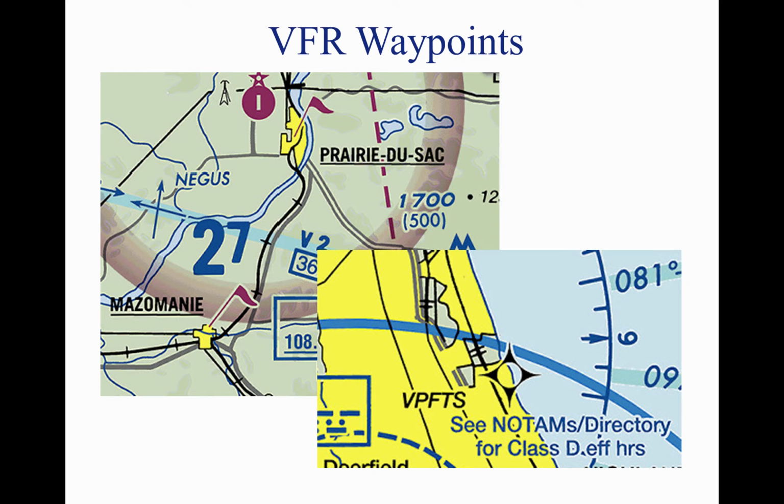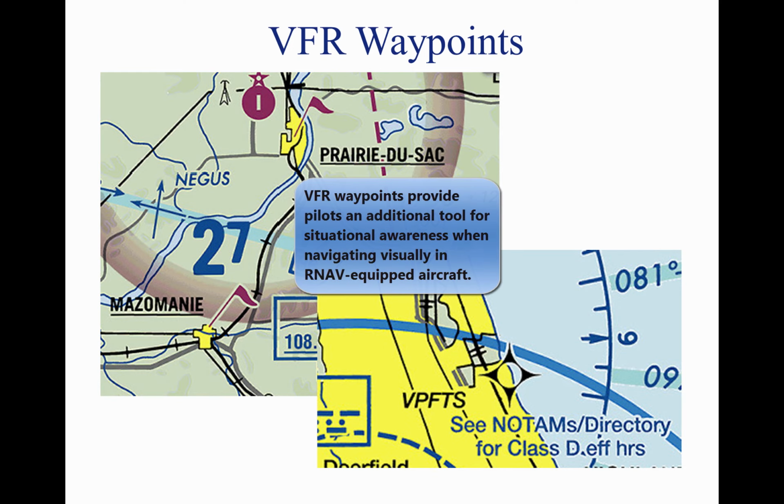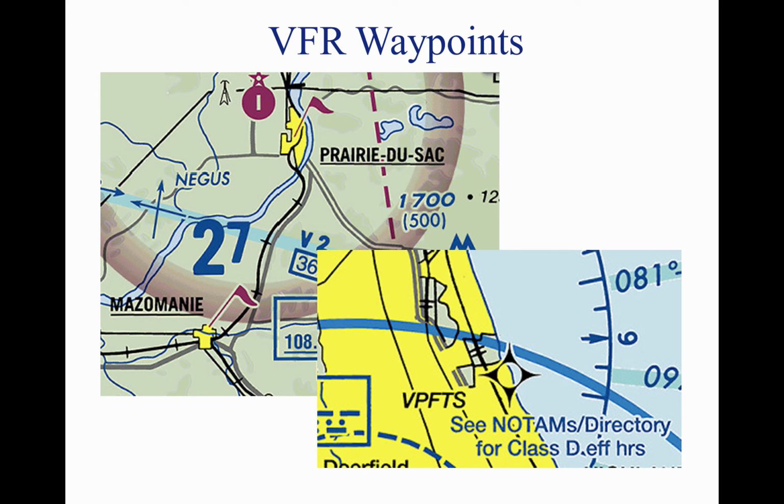VFR waypoints provide VFR pilots with a supplementary tool to assist with position awareness while navigating visually in aircraft equipped with area navigation receivers. VFR waypoints should be used as a tool to supplement current navigation procedures.